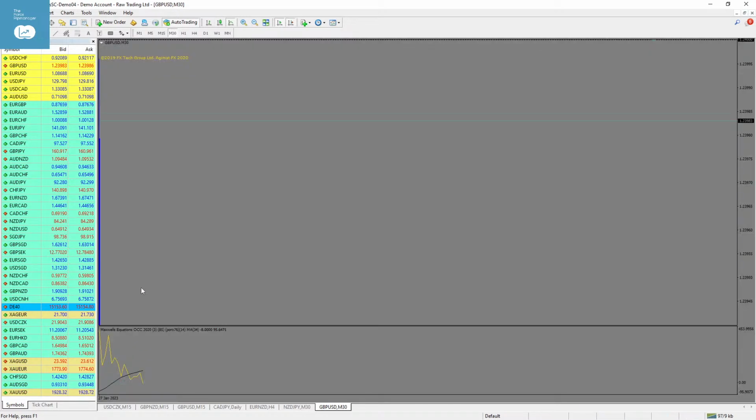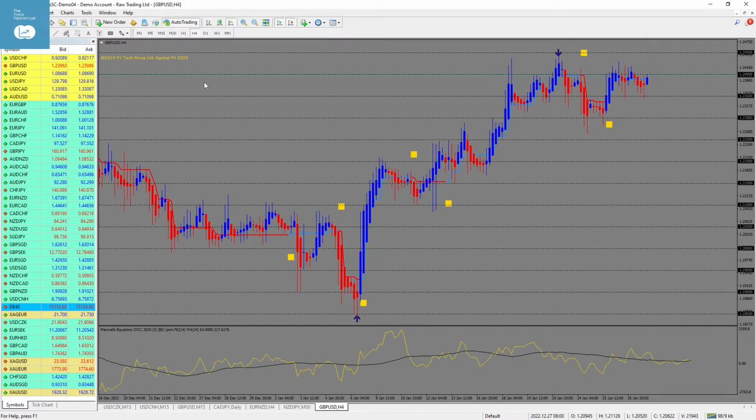The pound dollar, the cable, let's check what is going on here. We had a sell signal from the Agimat system, and so far it did not work. You jumped in here if you had the signal, and the stop loss is here, so we have to wait in the new week if this signal will be a winner or not.